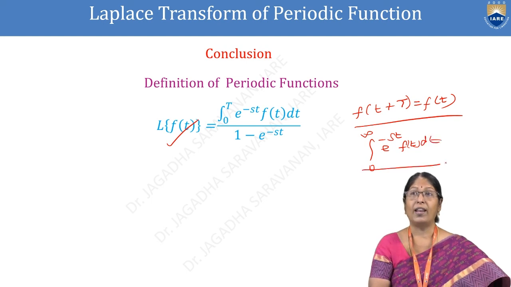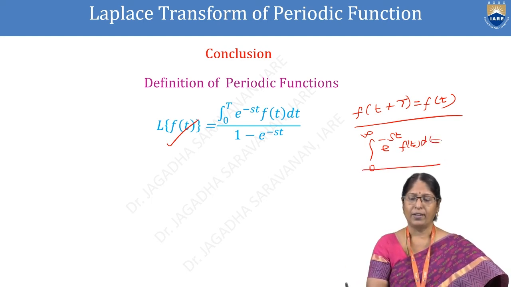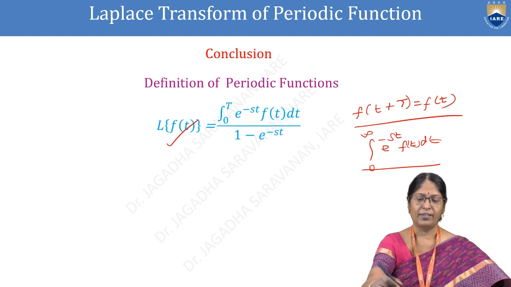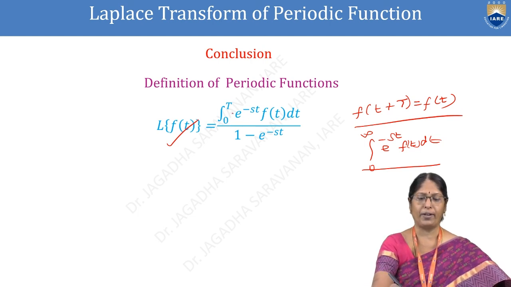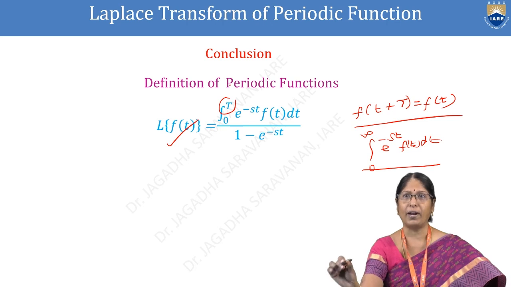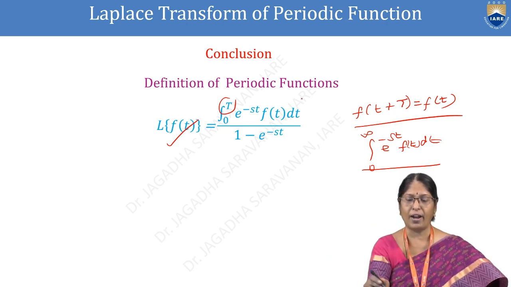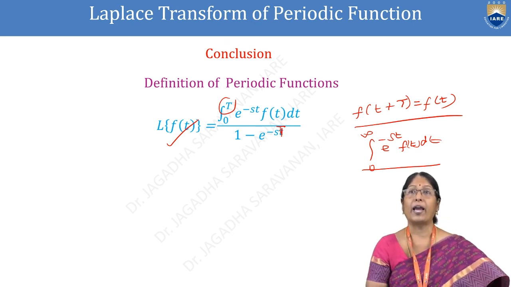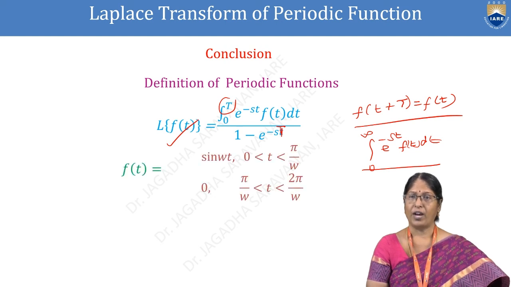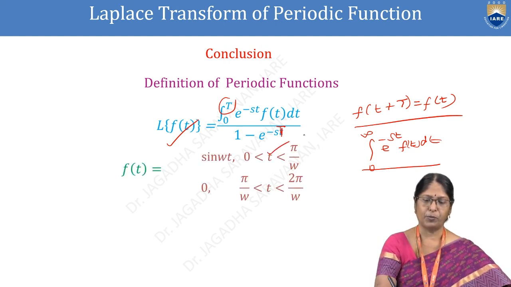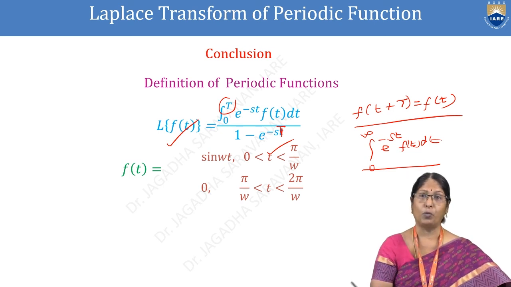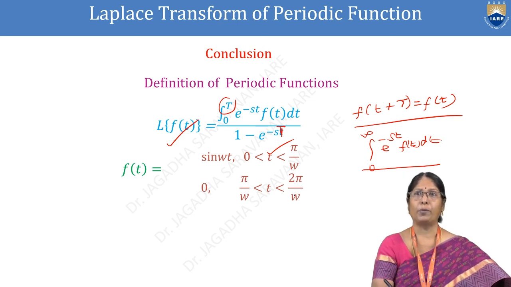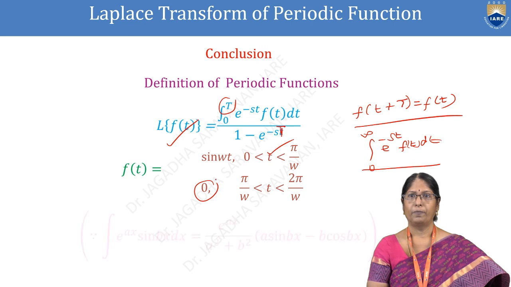This is only the Laplace transform formula, but if we apply it to a periodic function, it is the integral from 0 to capital T, where capital T is the period, divided by 1 minus e power minus s into capital T. We have taken one problem, where for t between 0 and pi by omega the function is sine omega t, and for t between pi by omega and 2 pi by w the function is 0.